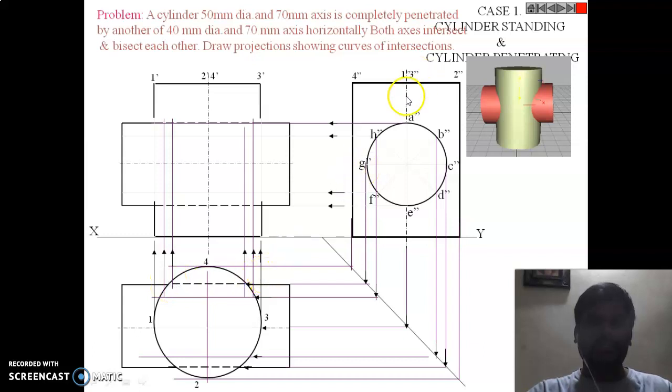Now when you look at this point, H and F, this intersection is where? Here. When I view from the top side view, this is H double dash. So when it comes and hits here, that is H, and this is F, HF. Similarly, you can make a note of all this. A and E is this, and B and D is this. Whatever the naming, you can give either numbers or letters.